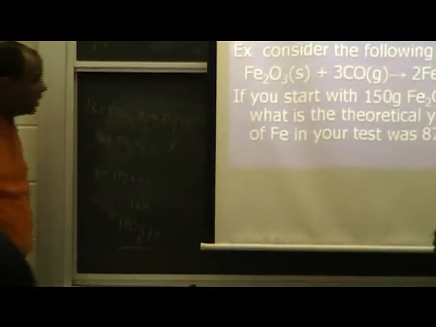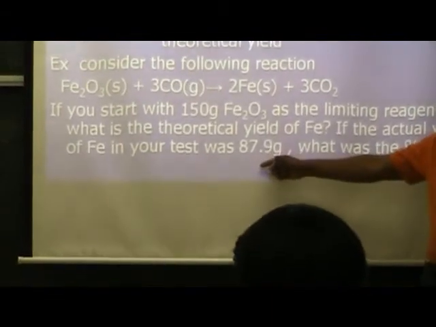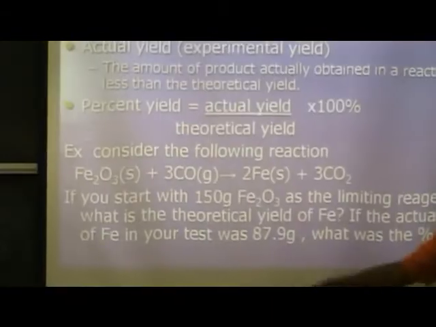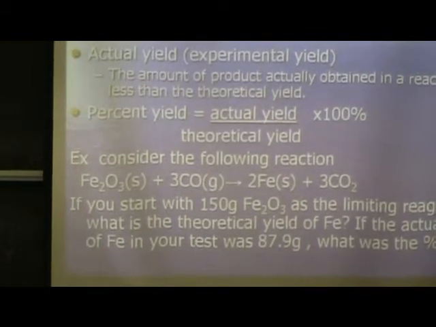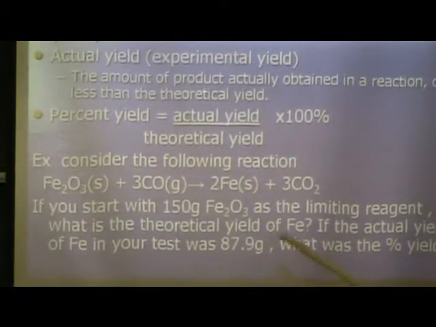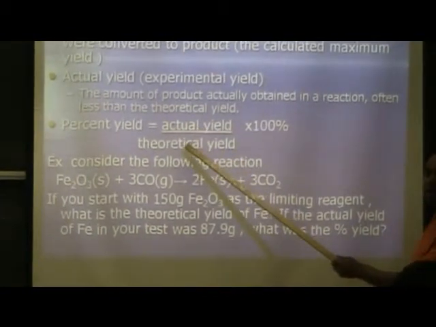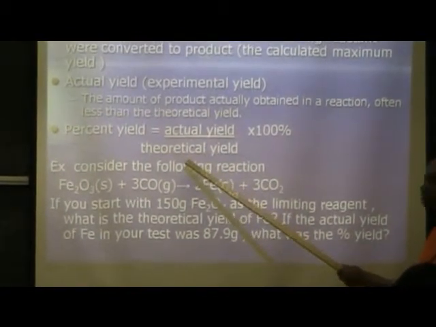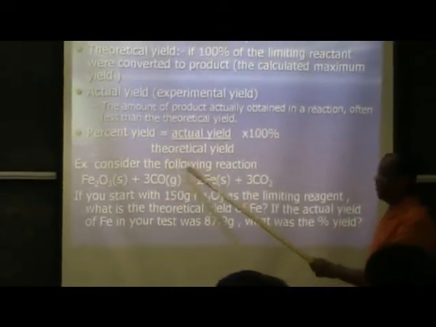That's the theoretical yield. But the actual yield, when you do experiments, the experimental value, was 87.9 grams, which is much less than the theoretical yield, right? So you need to calculate what? The percent yield. What is the percent yield? 87.9 divided by 105.